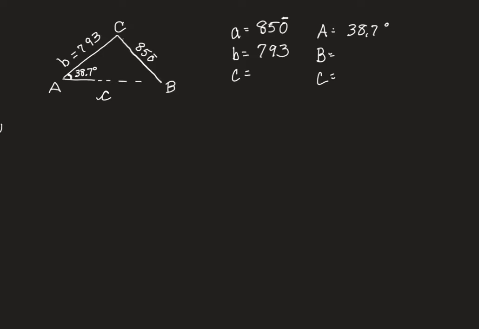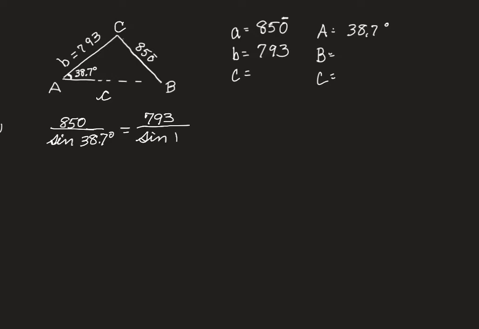Find everything that's missing. All right, once again, we have side A of 850 divided by the sine of angle A, which is 38.7 degrees. And we're going to look for angle B, because we already have side B. We have part of that ratio.